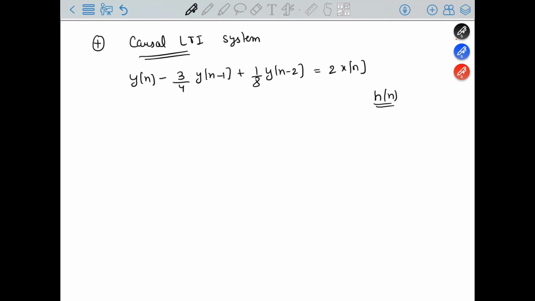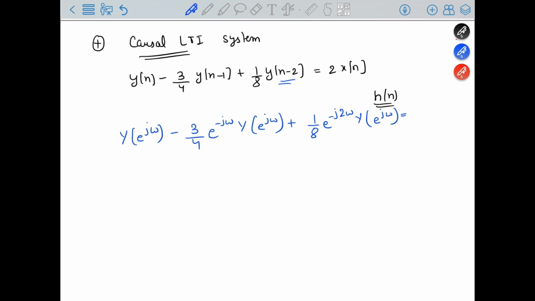We will first calculate the Fourier transform of this expression. It will be Y(e^{jω}) minus 3/4 e^{-jω} Y(e^{jω}) plus 1/8, again the time shifting is by 2, so e^{-j2ω} Y(e^{jω}), which equals 2X(e^{jω}).